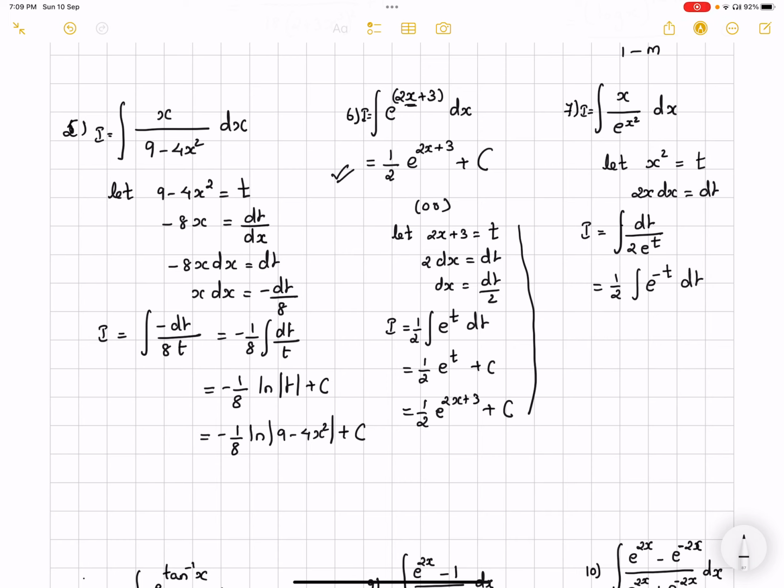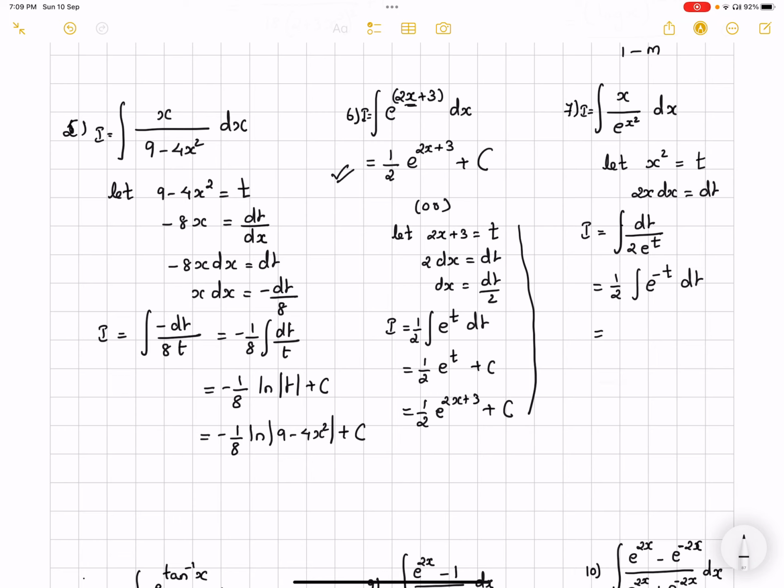Integration of e to the power 2t would give me e to the power 2t divided by 2. The same way here, I have minus t, so it is going to be e to the power minus t divided by minus 1.